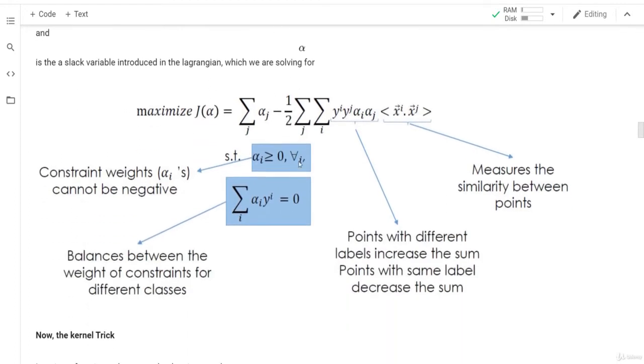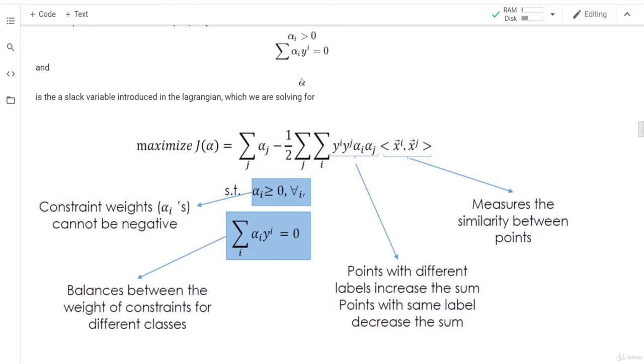Okay, so as we said, we have two constraints. The first constraint is that this alpha variable cannot be negative, so for each i, for each example, we need to have alpha bigger than or equal to 0. So the new weights we have right now, instead of w's, we have alphas, and they cannot be negative.